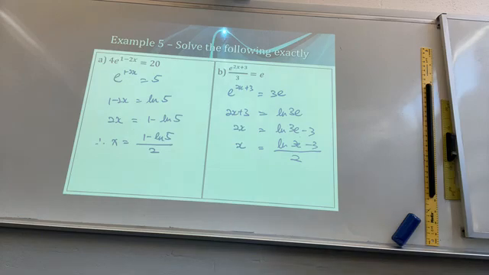So log of 3e is log of 3 plus log of e. So therefore, log of e is 1. So it's log of 3 plus 1, take away 3, divided by 2.